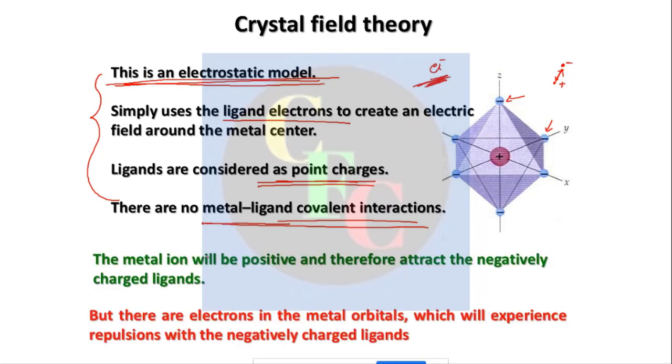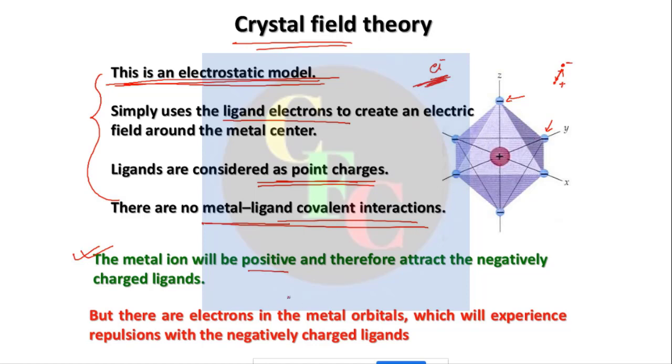So this metal ion will be positive and therefore attract the negatively charged ligands. This is the main concept of crystal field theory, right? So there are point charges, the metal ion is positively charged and it will attract negative charges.